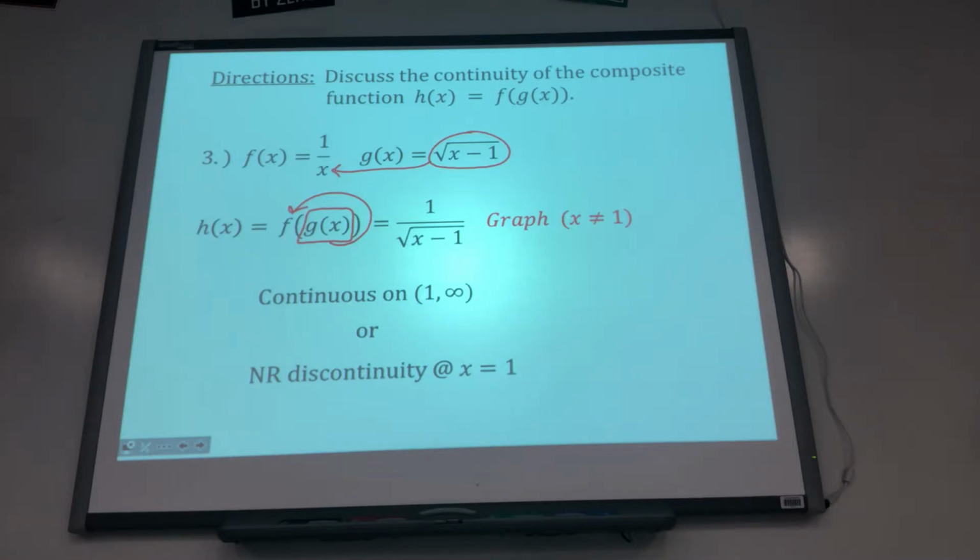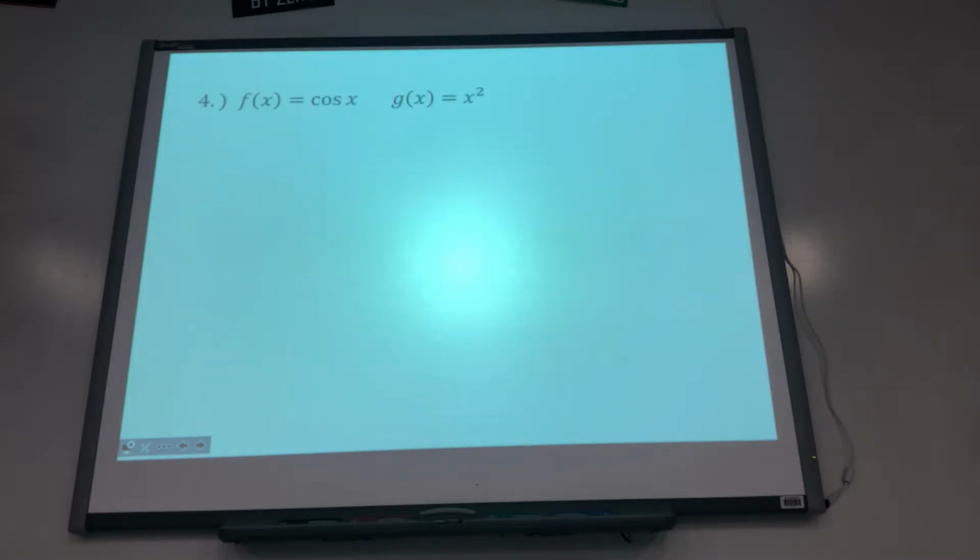Okey-doke. I'm going to try one more like this. Stop me if you have any questions. Number 4, f of x equals cosine of x and g of x equals x squared.